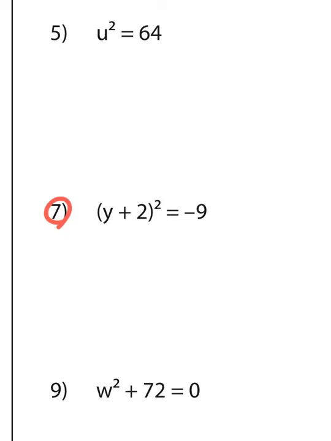Okay. I see again that I have y plus 2 squared. So I need to get rid of that squared. So I'm going to take the square root of both sides. And I get y plus 2 equals the square root of negative 9.